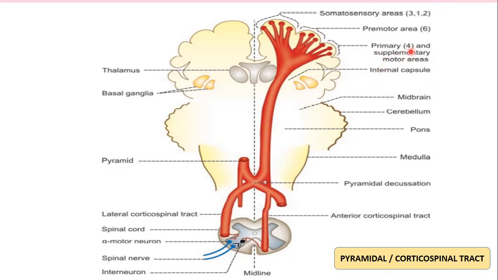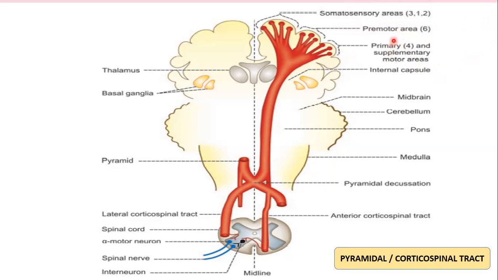Another one third come from our secondary motor area, the premotor area, and one third come from our somatosensory area, that is areas 3, 1, 2. You need to remember these areas: the somatosensory area, the premotor area, and the primary motor area. All three areas contribute about one third of the fibers.